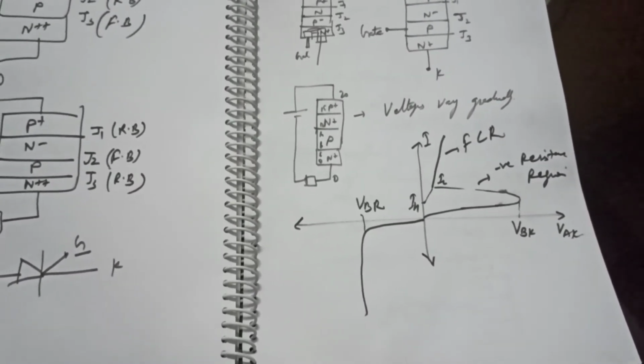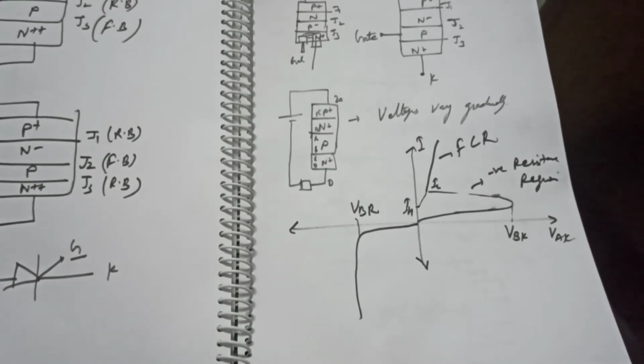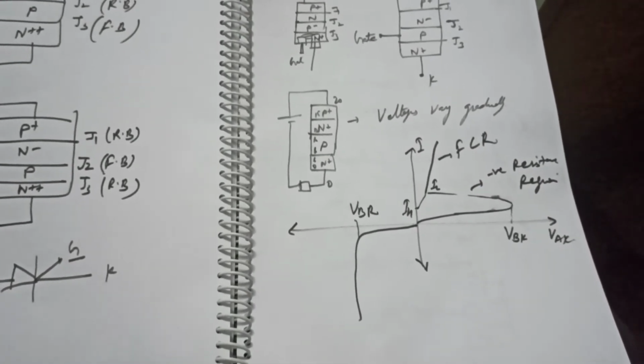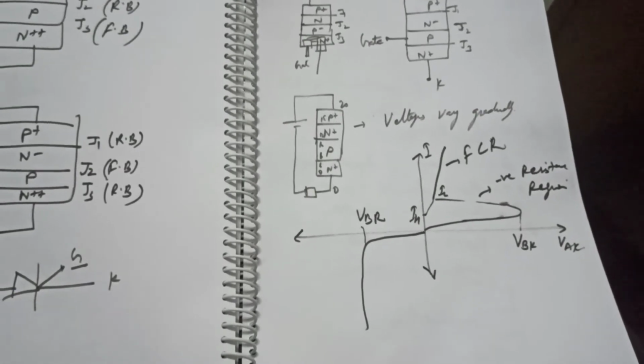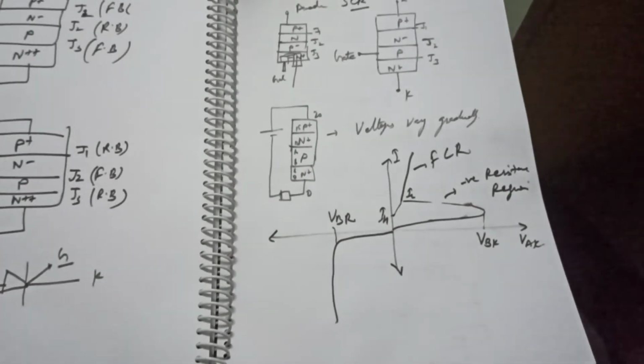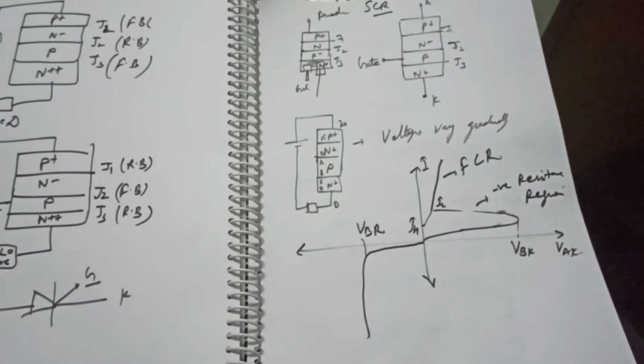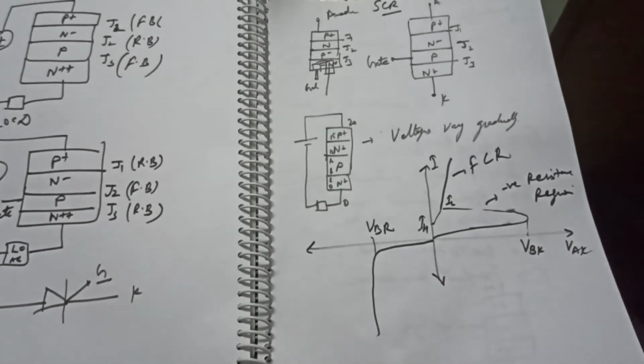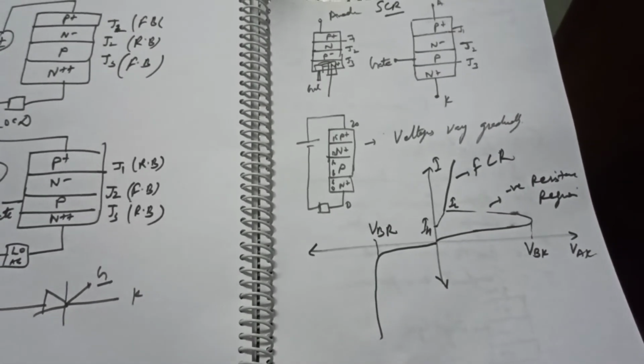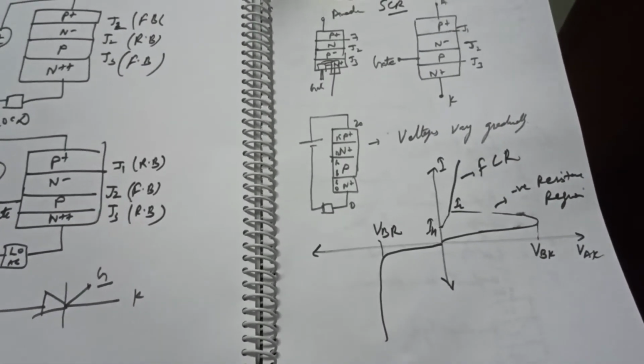Donor atoms provide the minority carriers in the p-type, while the donor atoms will be the majority carrier providers in the n-type.